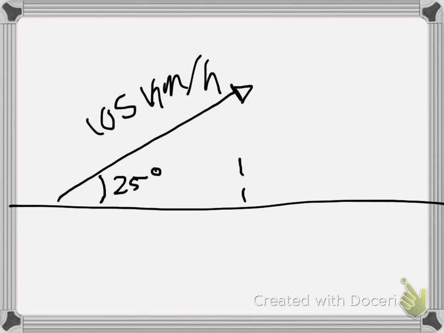We don't need the vertical one, which would be opposite over hypotenuse, so that would be our sine. What we need is the adjacent leg that's running here, which means we are going to be using cosine.